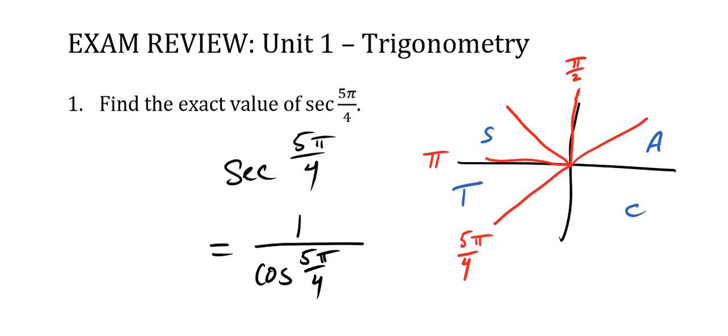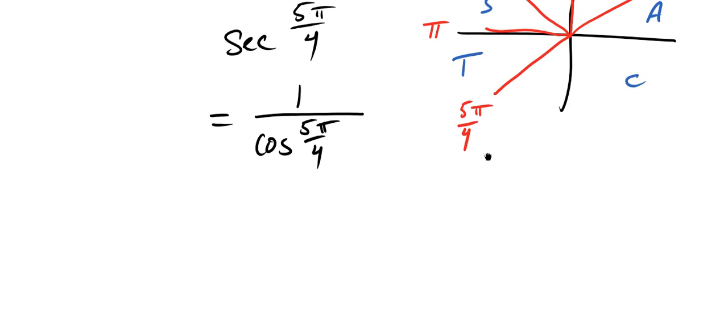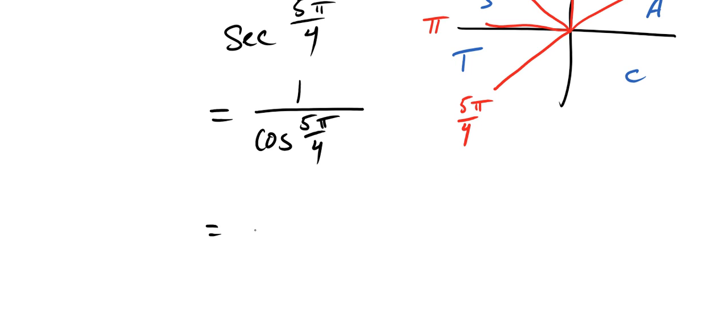So cosine is negative in the third quadrant, which means I do another step where I go equals negative 1 over cos of the related angle, pi over 4. We're always trying to boil it down to the related angle.